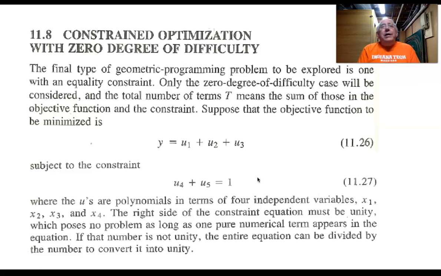And we saw that early on when we set up a two-dimensional equation with a constraint, but we're going to then show how we go about doing that using this methodology.